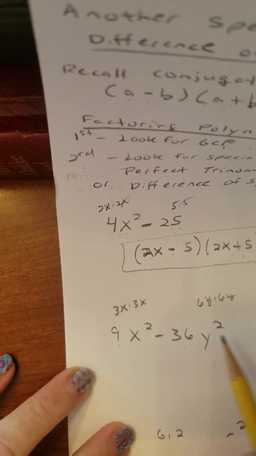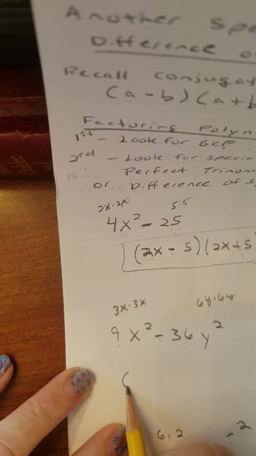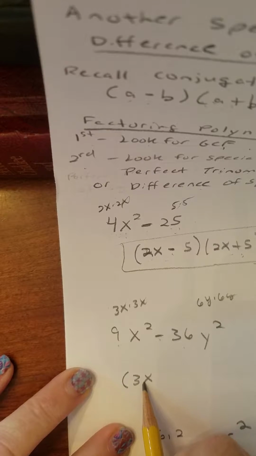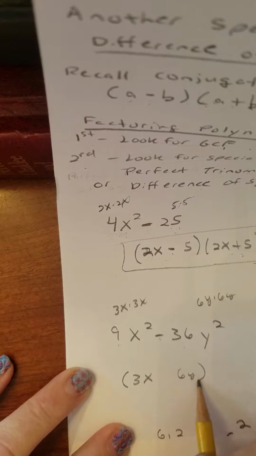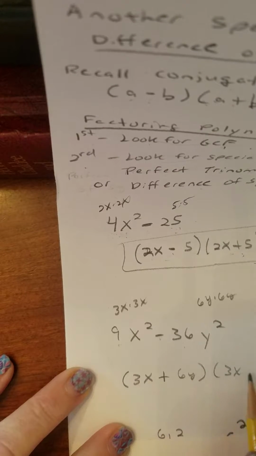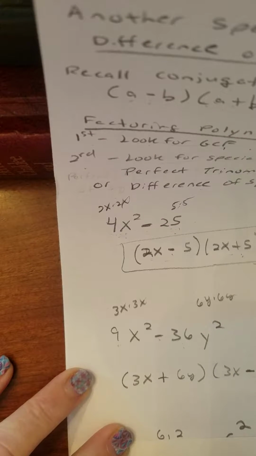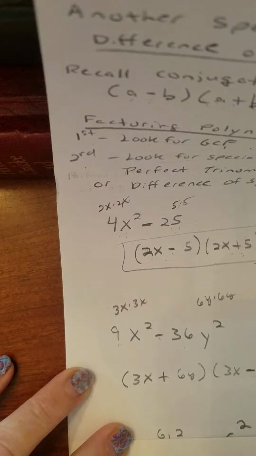So they're perfect squares already, and they're subtracting. That tells me I'm going to have (3x 6y)(3x 6y). One's going to be positive, one's going to be negative. They're going to give me conjugates. And so there we have now factored that out.